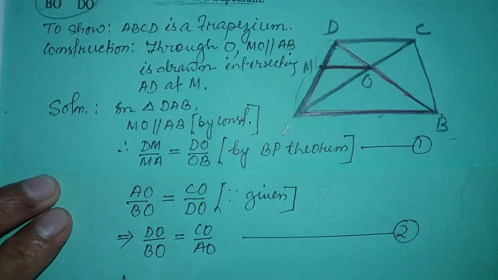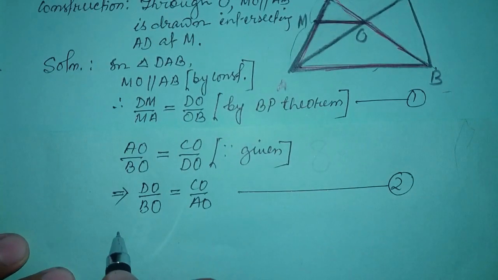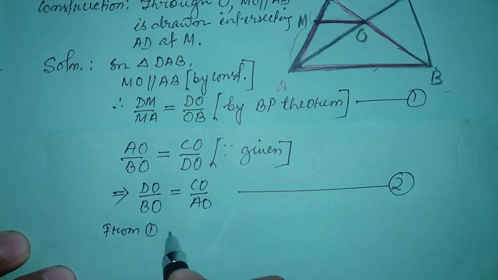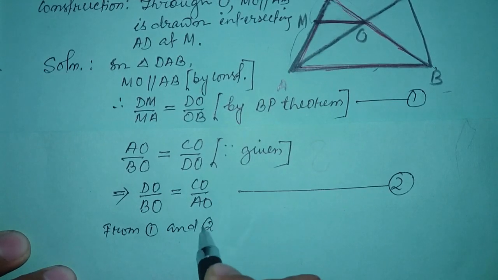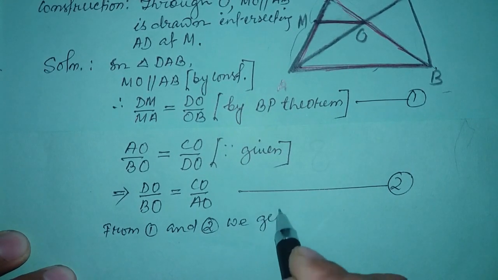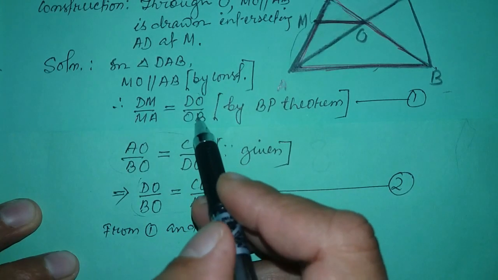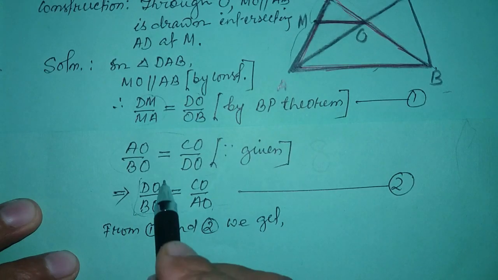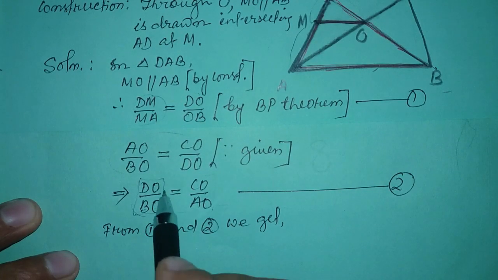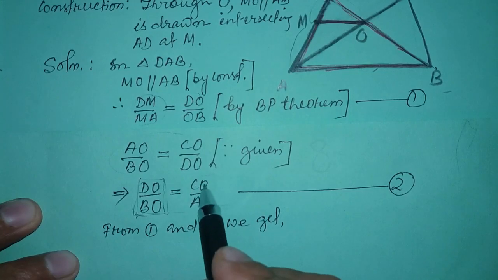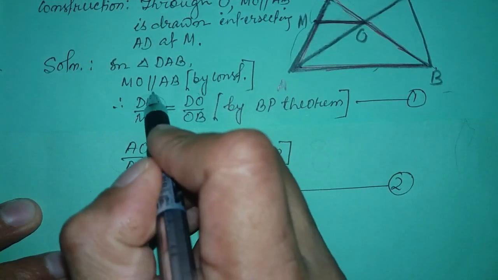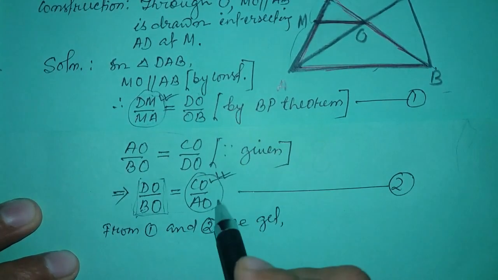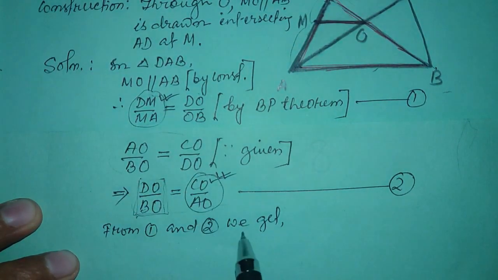So from 1 and 2, we get DO by OB is equal to this one, DM by MA, and again the same DO by OB, OB and BO are the same. So this same thing is again equal to this one. That means these are equal.